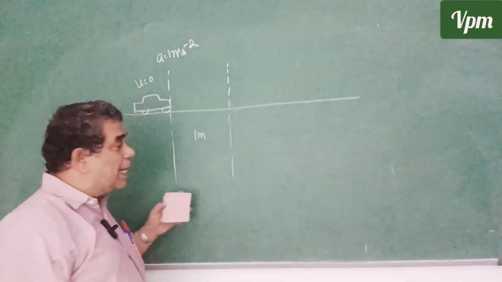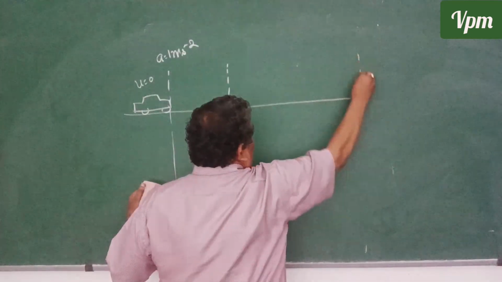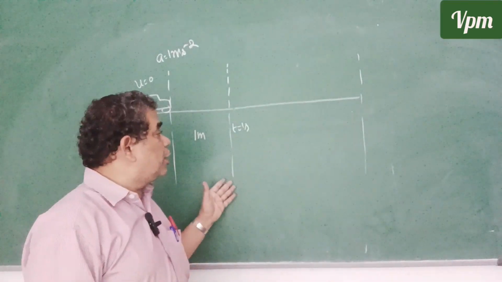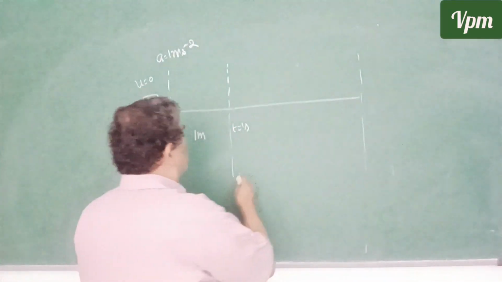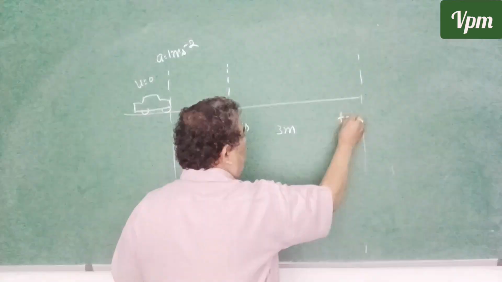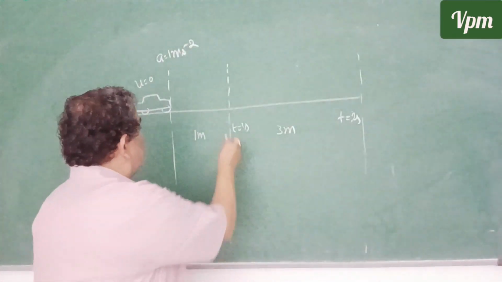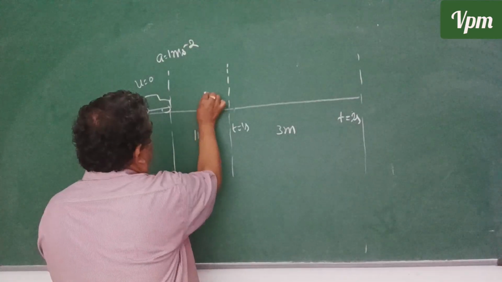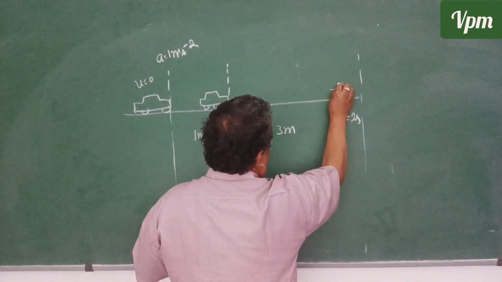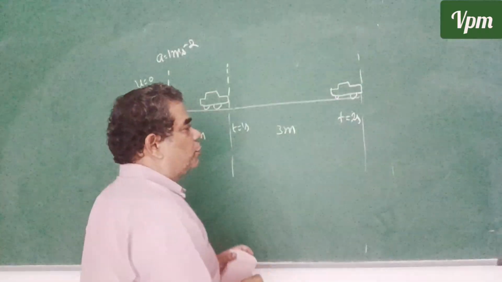After the next second, that is t equals 1 second here, in t equals 2 seconds, as the velocity is more now, it covers more distance. So it might have covered 3 meters from t equals 1 to t equals 2 seconds. The car will be here after 1 second, and here after 2 seconds.